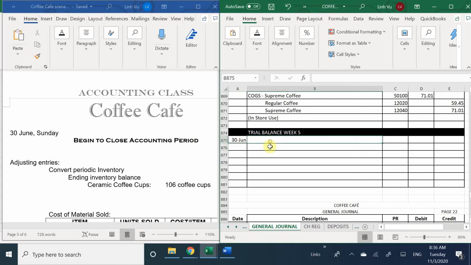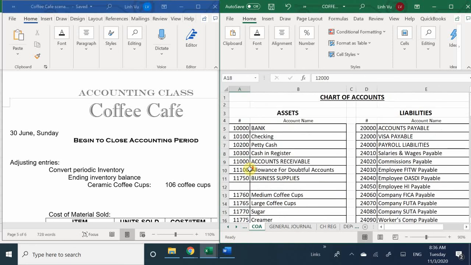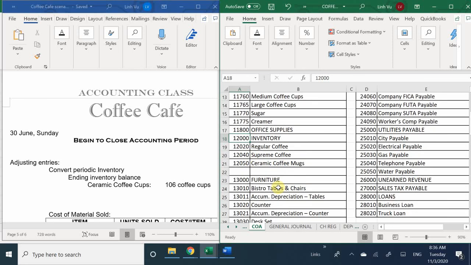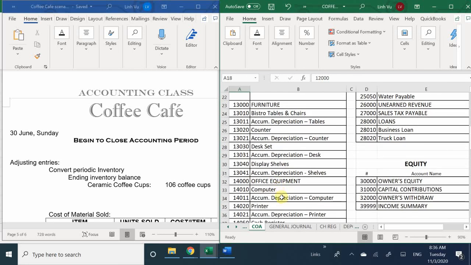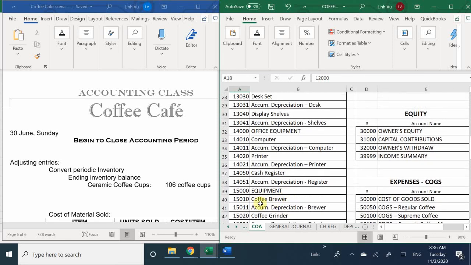So the first thing I'm going to recognize is my coffee mug. In my chart of accounts, what is the full name? Ceramic coffee mugs. Okay, what account number? 12050.